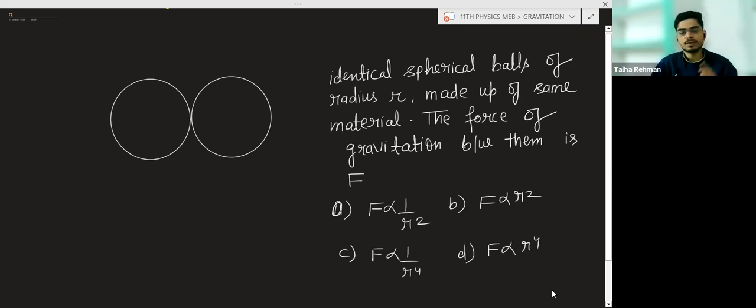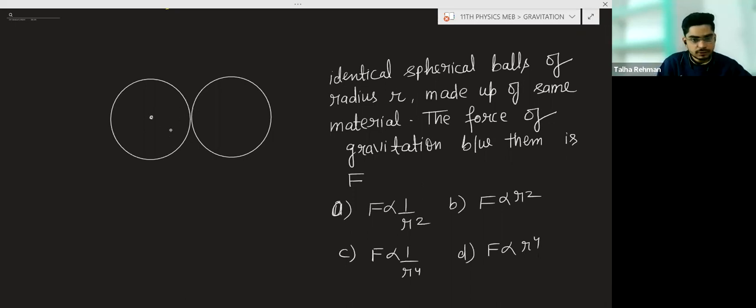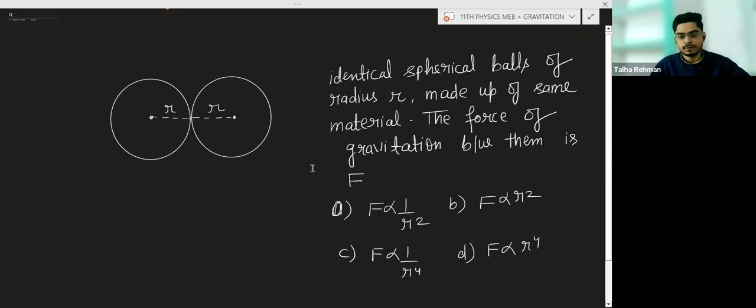So this you have to tell. These are two masses in contact, this is the center and this will be the radius r. So we have to tell how the force will vary with the radius or with the distance.